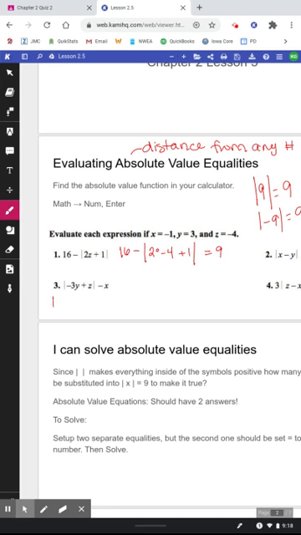On this one down here, we have absolute value. So we start with the math key over to number and the first thing. We'll do -3 times 3 plus, instead of Z, I'm going to put -4. And close, minus, instead of X, I'm going to put -1. I'm just going to type it in as minus -1.